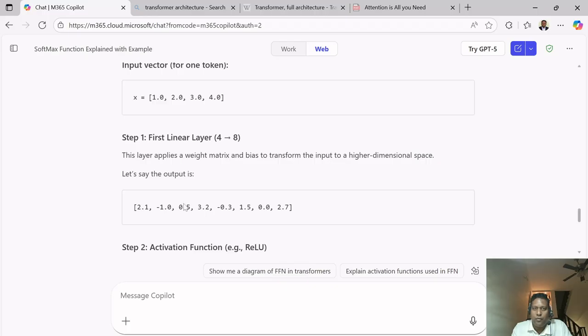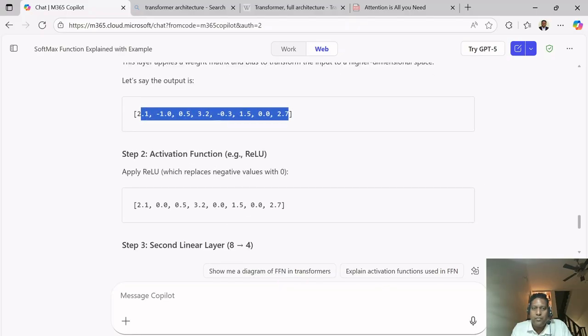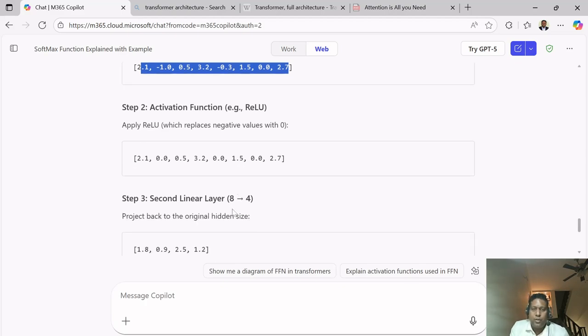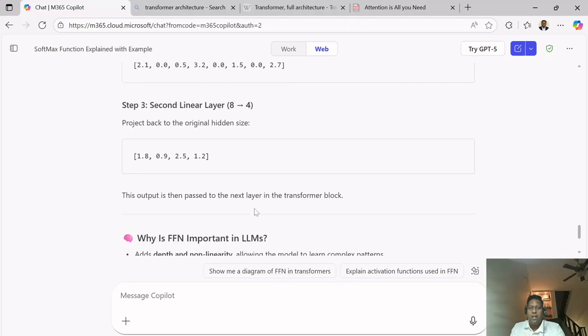In this case, from 4 values, we transform through the linear layer into a higher dimensional space of 8 values. Then we apply an activation function, in this case a simple ReLU function, where all negative values are zeroed out, and then bring it back to the original size through another linear transformation from 8 to 4.